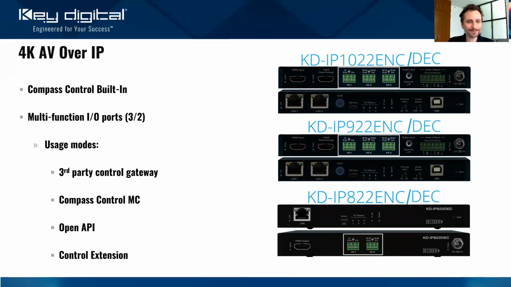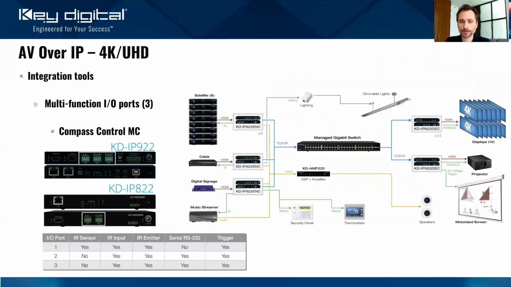But you may notice in the 4K AV over IP, here, I guess that is our segue, isn't it? Speaking of AV over IP, we do build essentially what is a CX800 into all of our 4K AV over IP products. So here we have the 822, which only has 2 I/O ports, the 922 and the 1022 that have 3 I/O ports. We showed this example early in the C1 course: if you're specifying an AV over IP system with KeyDigital, you're going to have 1 encoder per video source, 1 decoder per video display.